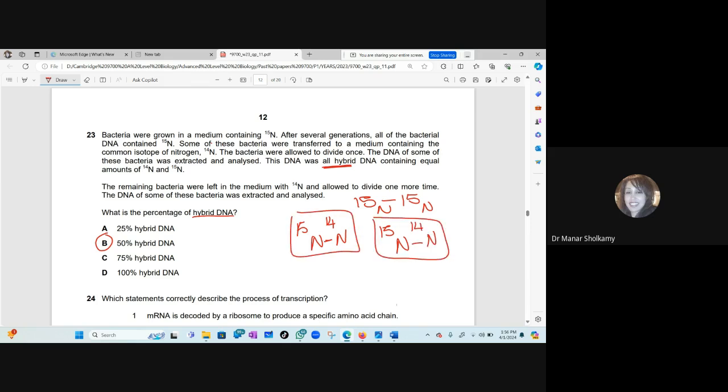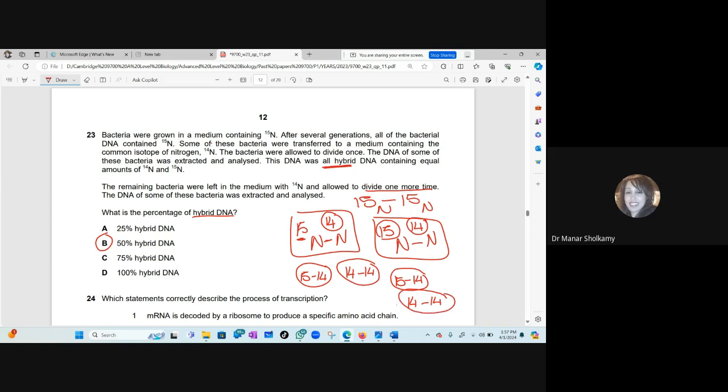Now they will allow it to divide one more time. What will happen? This heavy nitrogen will bond with the light one. And this light one will bond with the light one. And this heavy one will do semi-conservative replication and fuse with a light nitrogen, and this light one will fuse with a light nitrogen.